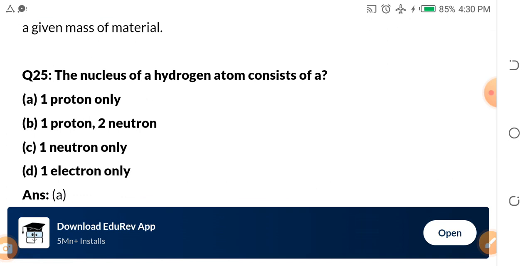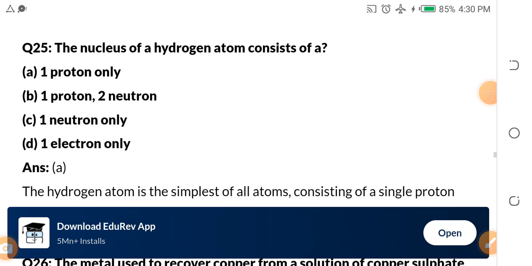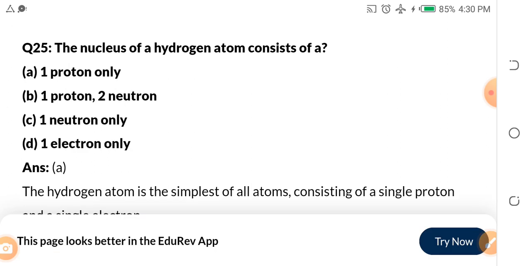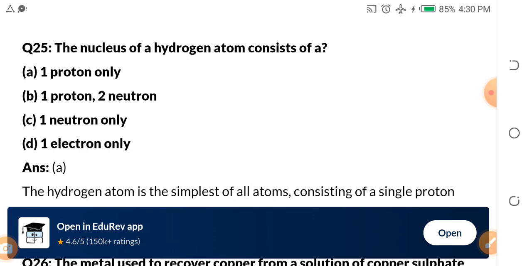Okay, let's look at question 25. The nucleus of a hydrogen atom consists of dash. A, 1 proton only. B, 1 proton, 2 neutrons. C, 1 neutron only. D, 1 electron only. The nucleus of a hydrogen atom, it consists of what?